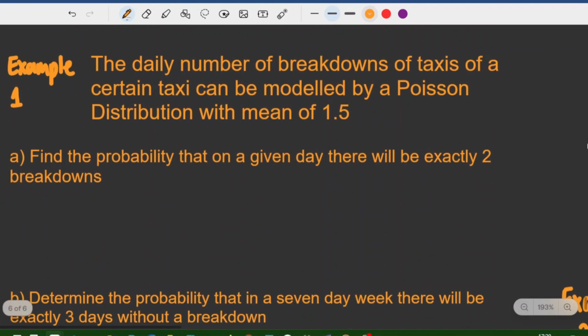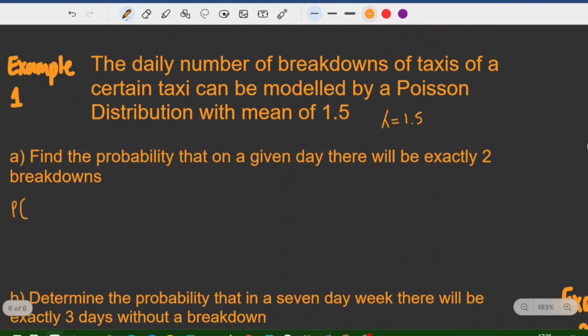The first example: the daily number of breakdowns of a taxi can be modeled with the Poisson distribution with a mean of 1.5. So this means lambda is 1.5. Find the probability that on a given day there will be exactly 2 breakdowns.